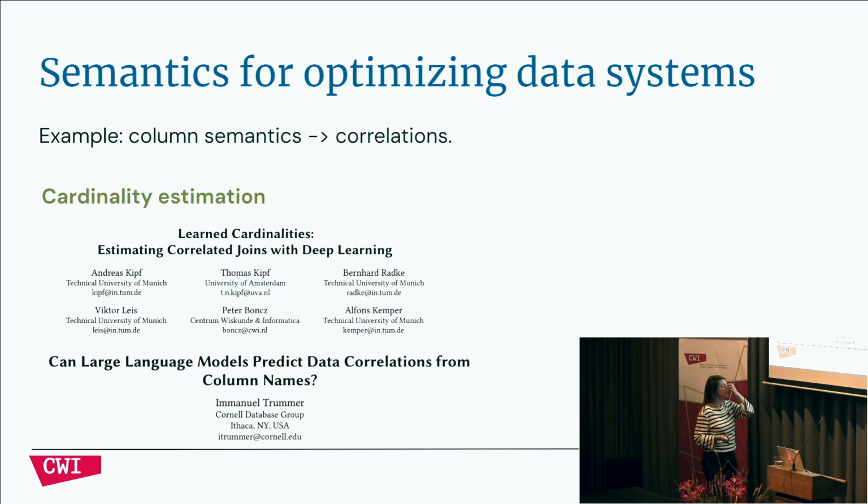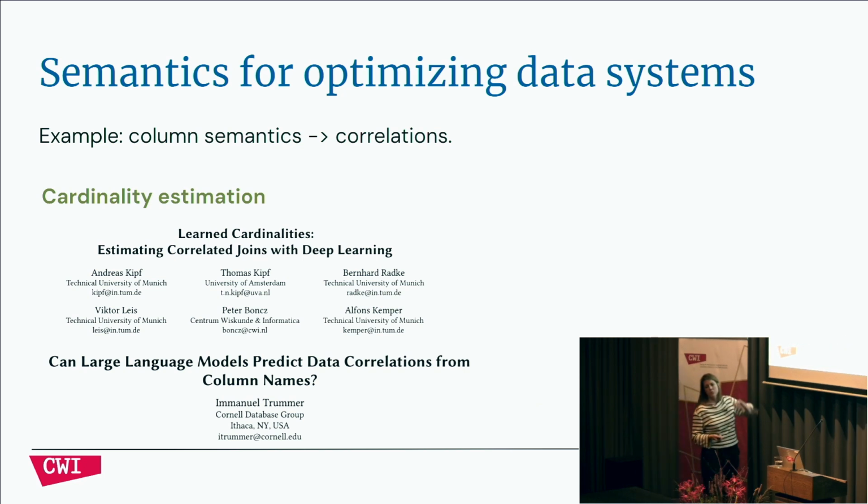So how can you use representation learning for database architectures? And there are actually some people here, I think, in the audience that have tried to use neural networks for, for example, cardinality estimation. So trying to estimate the result set size of, for example, a join.